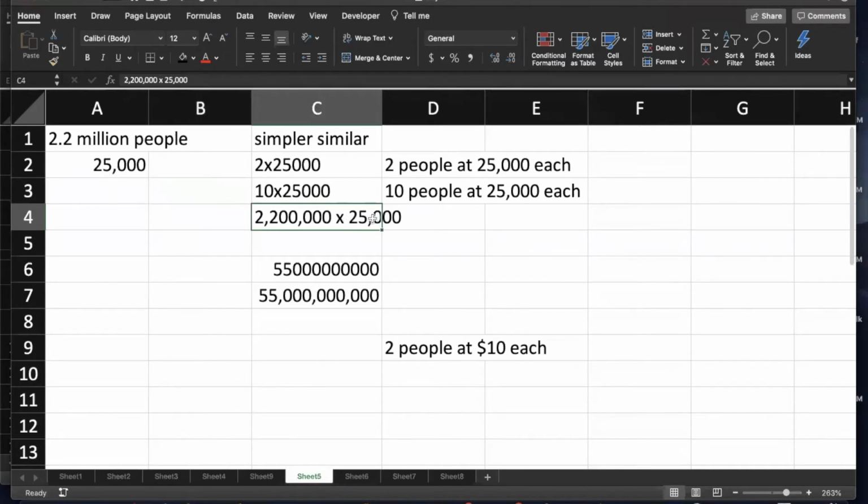Now, what we end up doing is multiplying. And if you struggled to come up with multiplication as the way you were going to solve that problem, I want to talk a little bit about that.